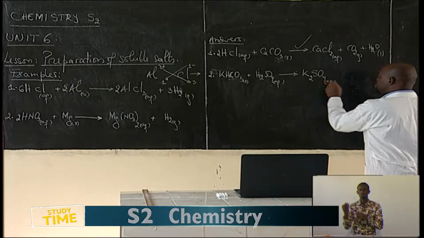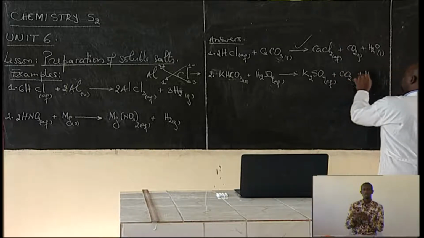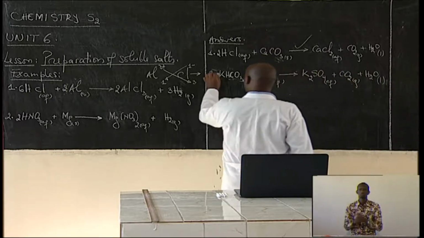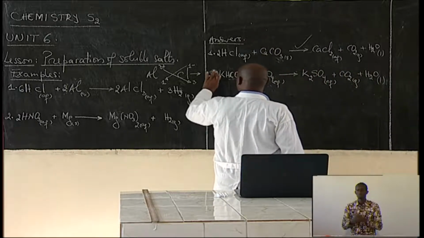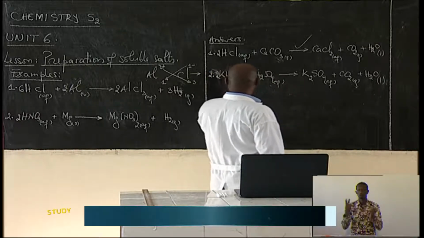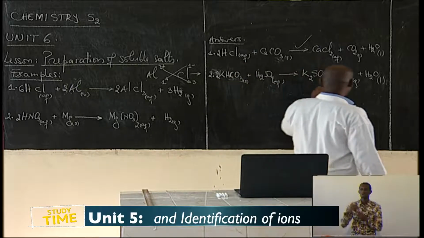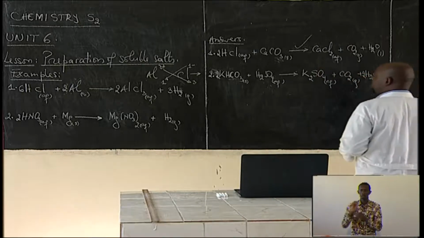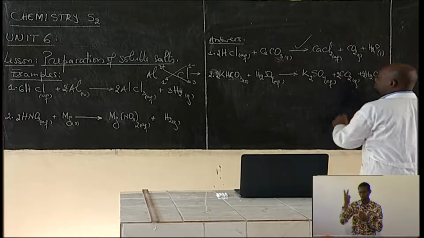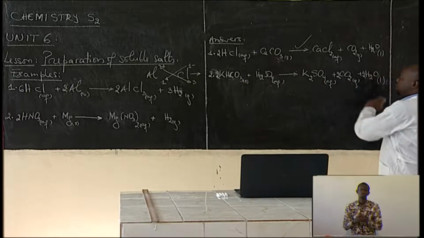It is a soluble salt, plus carbon dioxide gas and water in liquid state. Is it balanced? No. Here we have 2, so we put 2 here to have 2 potassium. Here we have 2 hydrogen atoms, and with the 2 from the acid, we have 4, so we put 2 here. And for the carbonate ion, we also have 2: 2 hydrogen carbonate ions and 2 carbon dioxide.